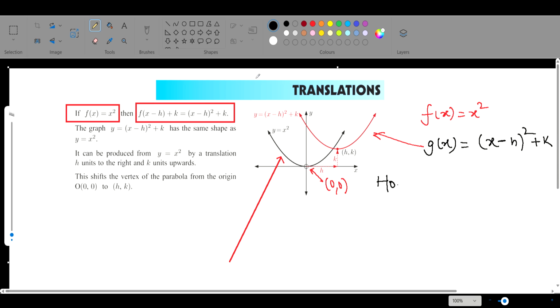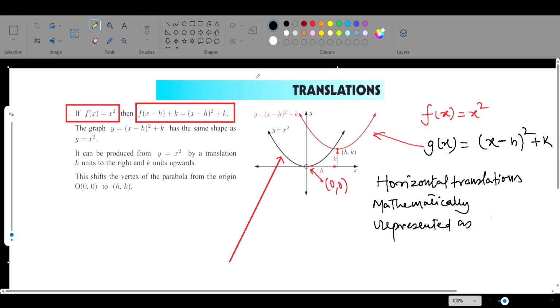Whenever we have a horizontal translation, it is mathematically represented as f of x minus h, inside the bracket.